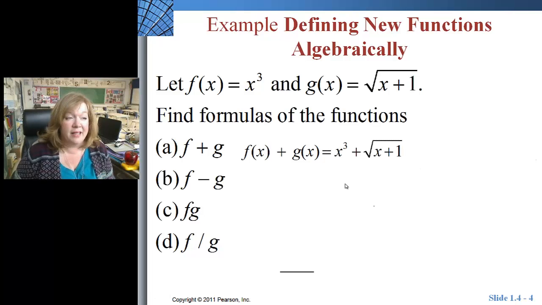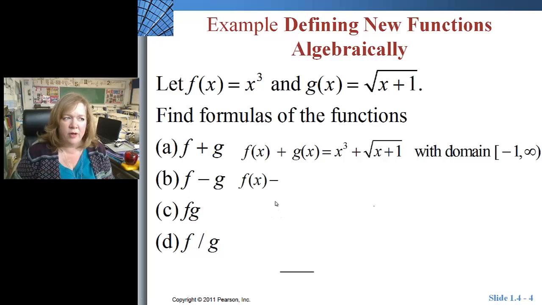That's it. And then you are going to look at the domain. So you know that underneath this square root it has to be 0 or greater, so it would have to go from -1 to positive infinity, would be the domain. This guy, the domain is -infinity to infinity for the x cubed, but this guy is -1 to infinity, and that's why this domain is limited by that.